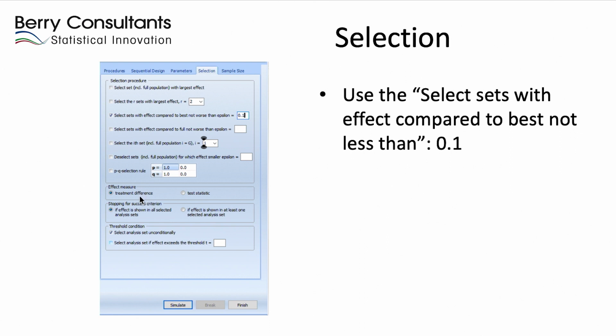The effect measure here is the simple estimate of the treatment difference, not the test statistic. And we're not doing any early stopping here, so the selection of this rule is unnecessary. And we say we're just going to select analysis sets unconditionally. We're not going to set some required effect size threshold for them that they need to also pass.